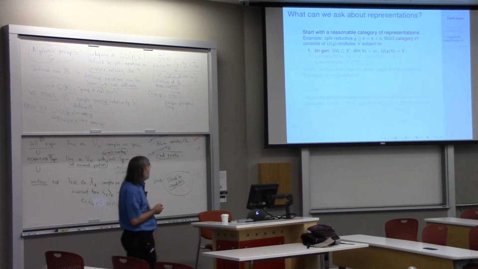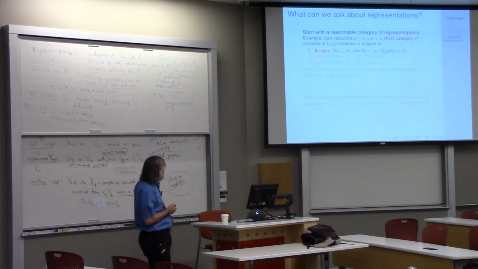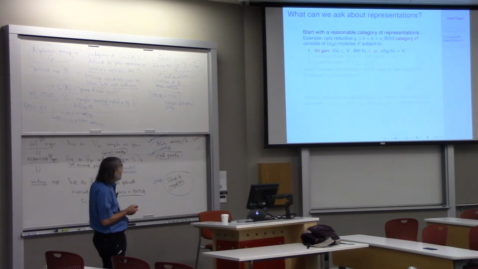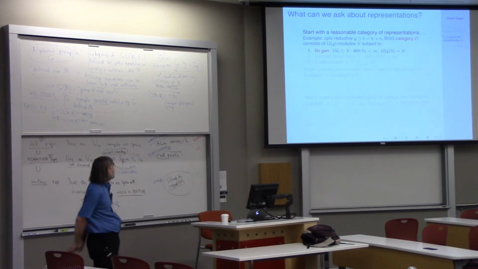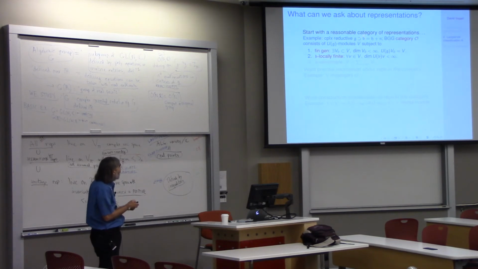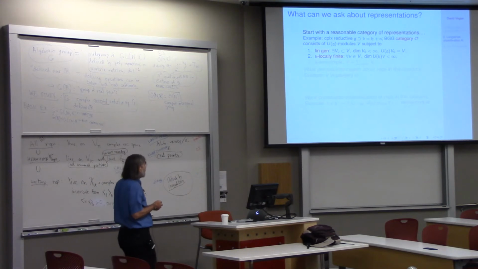First, the g module is finitely generated. That means inside the module there's a finite dimensional subspace, so that if you apply the universal enveloping algebra to that subspace, you get V. Second requirement is that the action of the Borel subalgebra is locally finite.